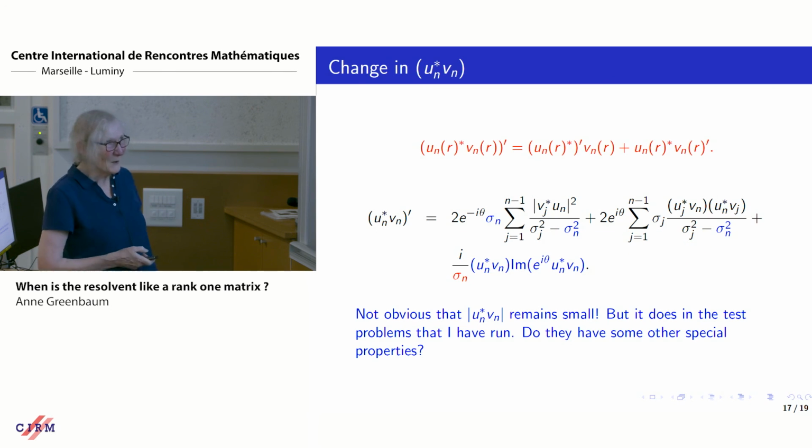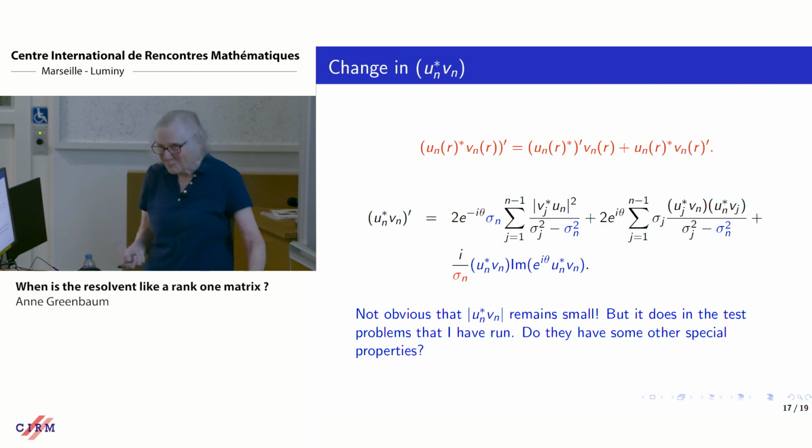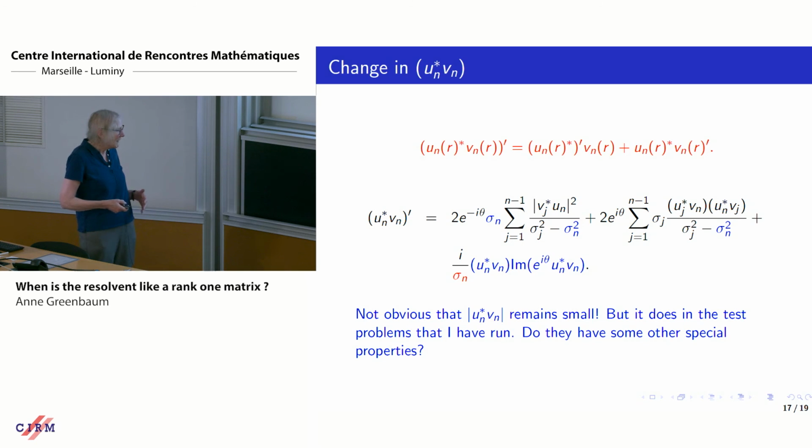It is in the numerical experiments that I've done, and I've done a lot of them, all of the matrices in MATLAB's gallery, many from the book by Trefethen and Embree on pseudospectra. They've all had this sort of property if they had ill-conditioned eigenvalues, and un star vn was almost 0.